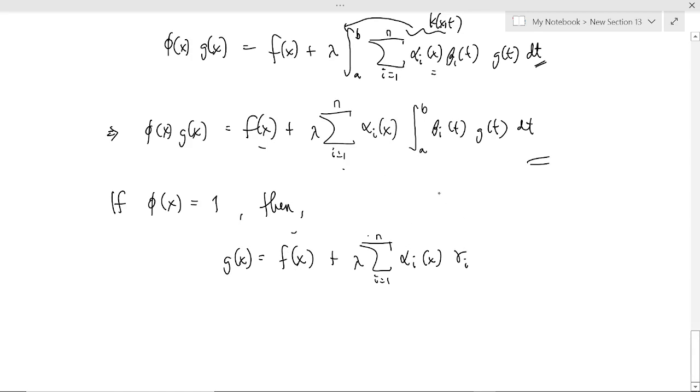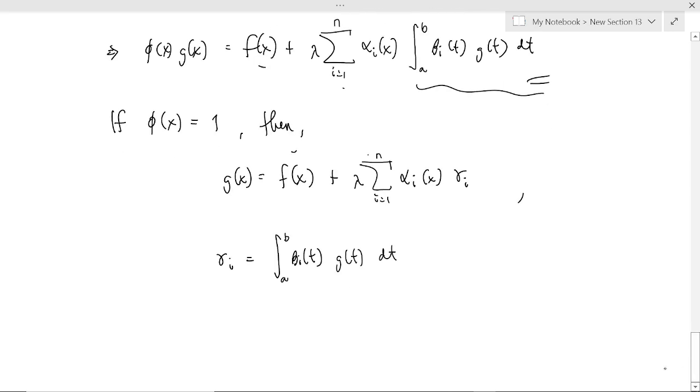So basically, we can see that indeed gamma i is equal to this integral term of this equation. So we have the integral of beta i of t, g of t dt, evaluated from a to b.